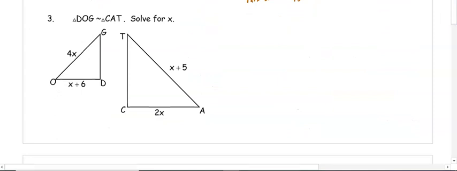In number 3, we know that triangle DOG is similar to triangle CAT, and we want to solve for x. So looking at this triangle, we see that DO is going to correspond with CA. We have x plus 6 over 2x equals, we have 4x, which is going to correspond with the x plus 5.